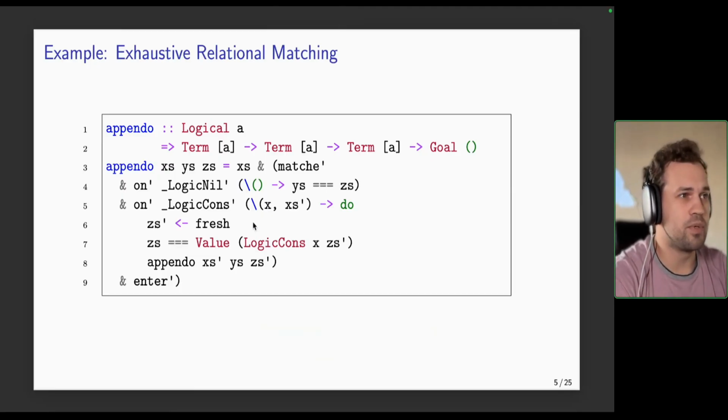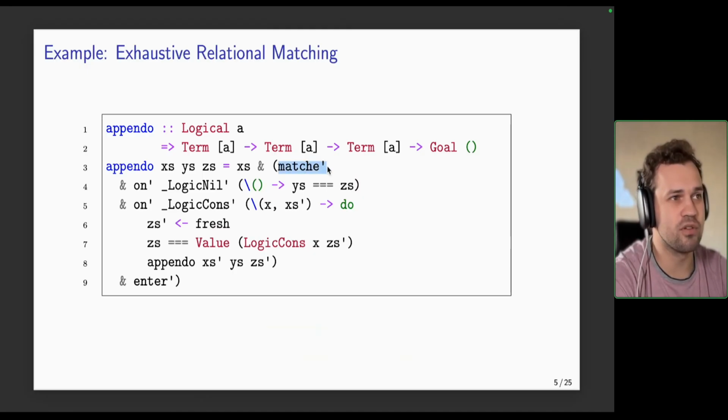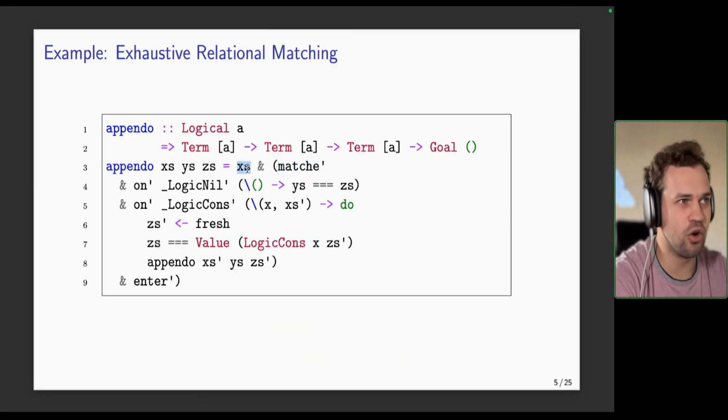So here's an example again of the same appendo, but now defined with matching. Here we're using exhaustive relational matching with this match E prime combinator, and we're matching on XS, and then there are two patterns, both of which are prefixed with this on prime combinator.